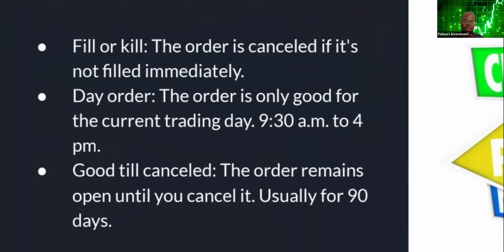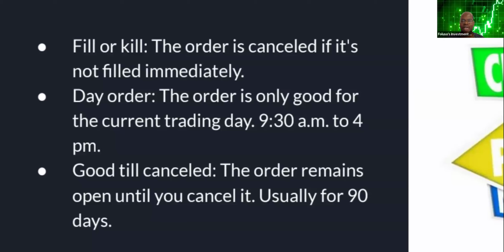You tell them I want to pay $30, and if you cannot find it for $30, then forget it. Fill means buy it immediately, but if you cannot find the price, then just cancel it.